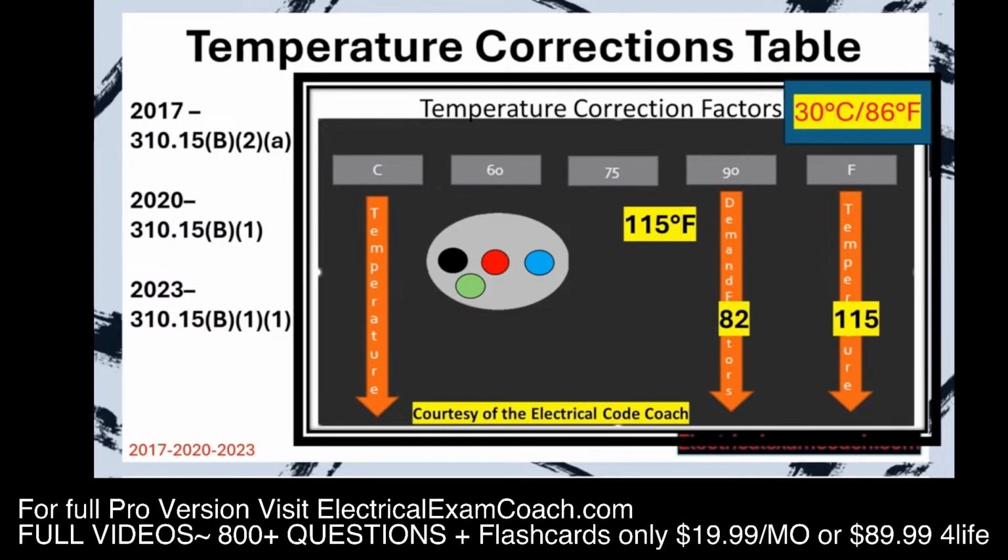And all it is, is another demand factor. Let's imagine that we had a wire that was 50 amps before we started. We found out that it was installed in an ambient temperature of 115 degrees, and that our correction factor was 0.82. All we would have to do is take our starting ampacity, multiply it by 0.82, and we would end up with a new allowable ampacity of 41 amps. Great job.